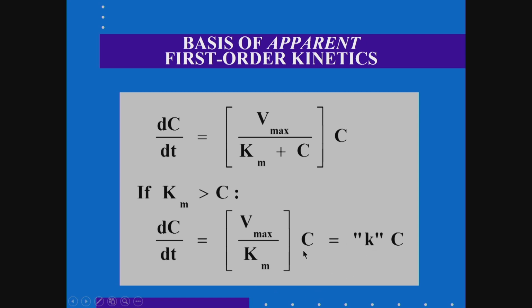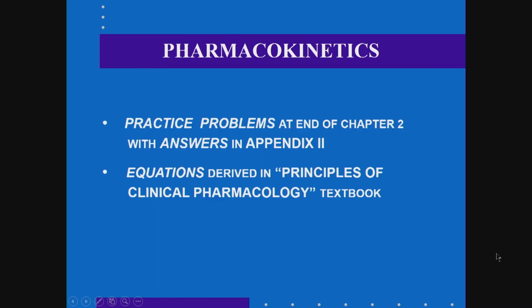So now this becomes the equivalent term, if you will, under conditions in which the Km for that drug and that enzymatic pathway is much greater than the concentrations that we need to obtain for a therapeutic response.